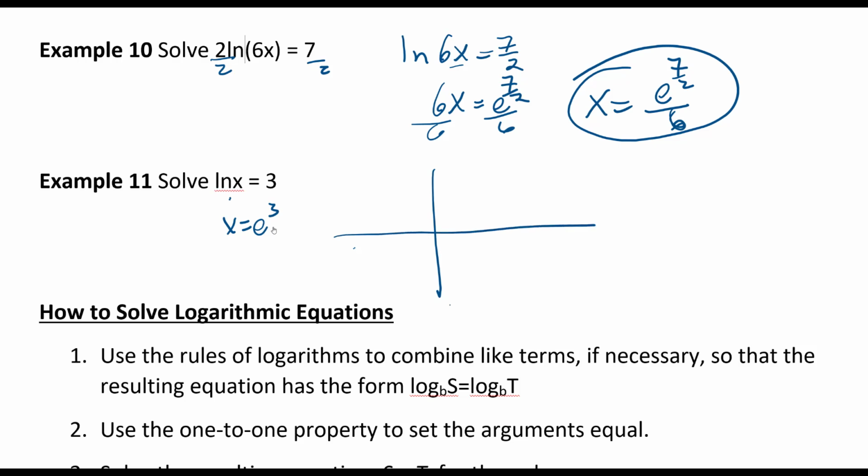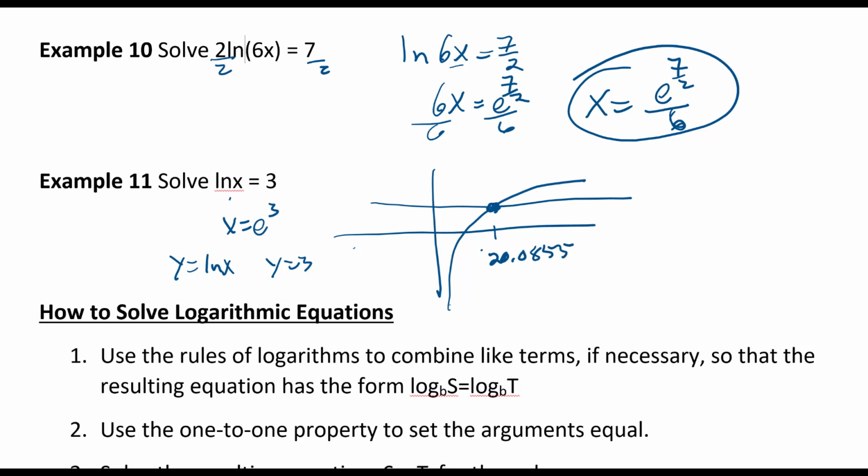Natural log of x looks something like this, and then you graph y equals natural log of x and y equals 3. You can see where they cross, and they would cross at x being 20.0855. So put on decimals, put on your graphing calculator, whatever.